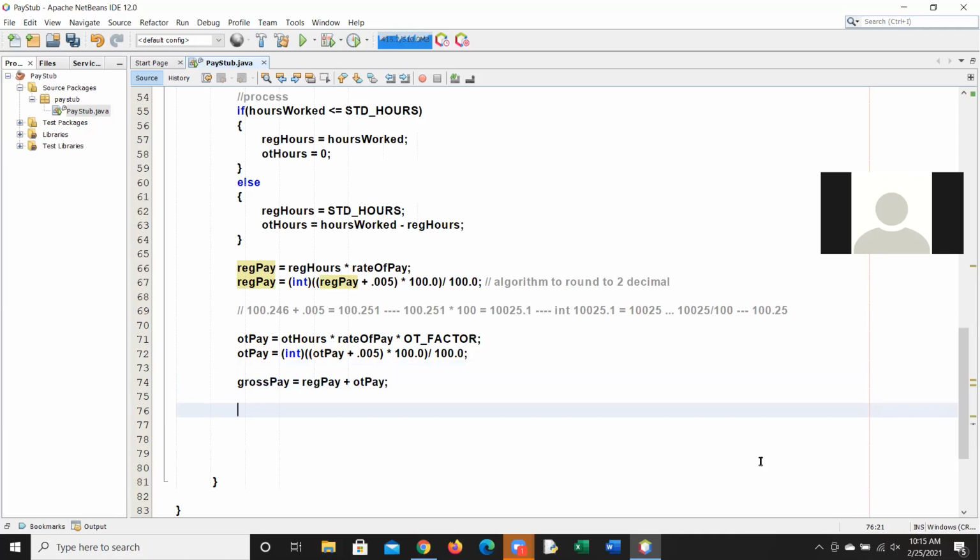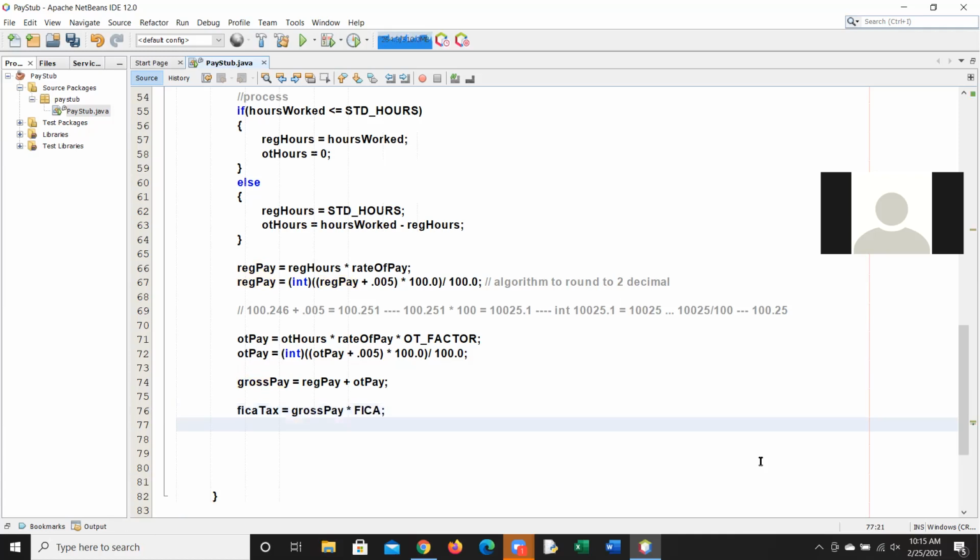So my first deduction is my FICA. FICA tax will be equal to my gross, it's always on your gross pay, times FICA. And then again, my FICA tax here will be the same as this.